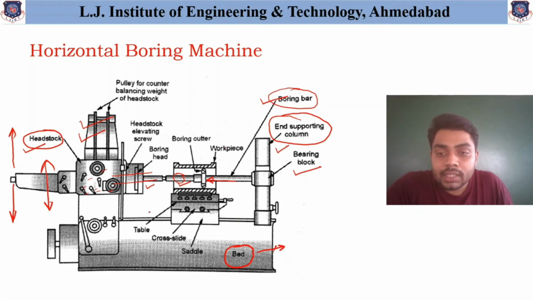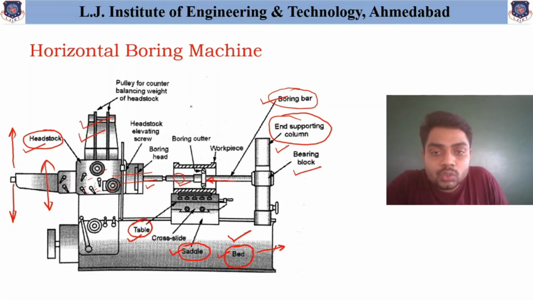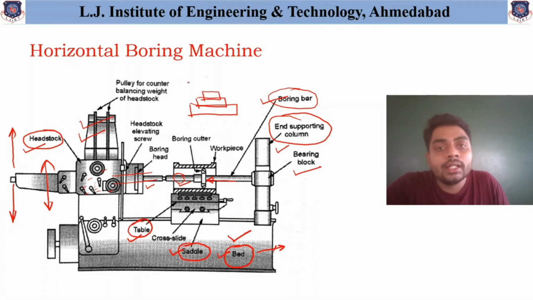Now the next part that you can see, at the bed portion it has two important parts, that is the saddle and another one is the table. So this saddle is mounted on the bed and the table is mounted on the saddle. That means if we see in the 2D view, if this is the bed, on the bed the saddle is mounted and on the saddle the table is mounted, and the workpiece is mounted on this table.